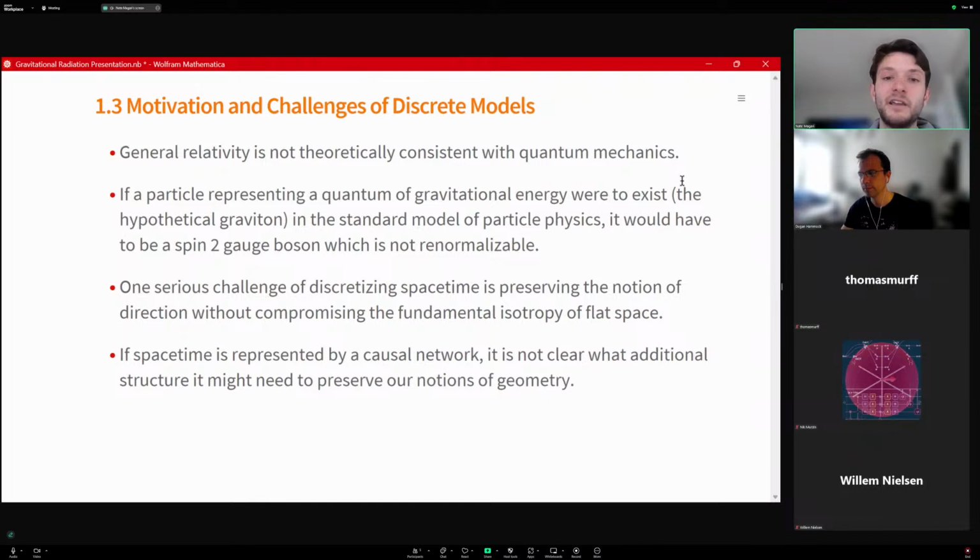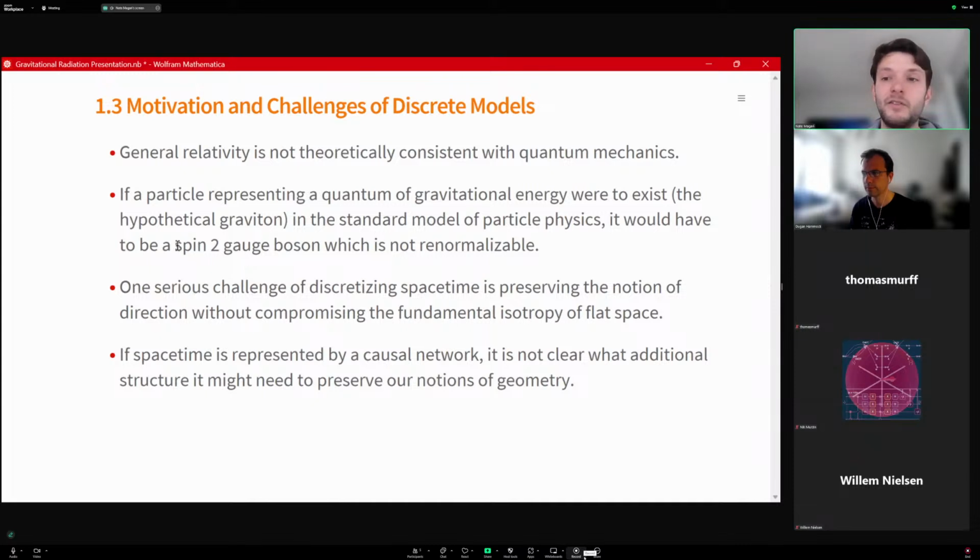But the problem is if that particle were to exist, and it's a hypothetical particle called a graviton, and if we wanted to include this in the standard model of particle physics, it would have to be a spin 2 gauge boson.